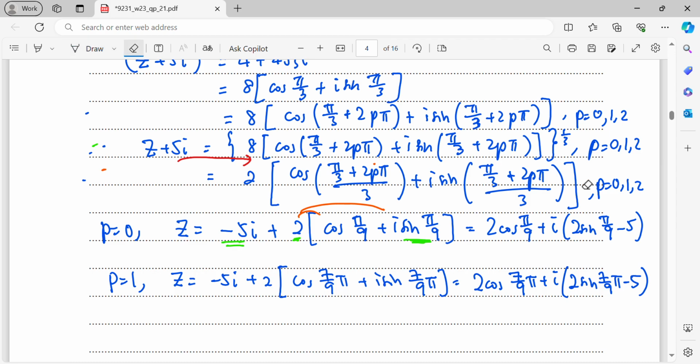Okay, now the same goes for the last p value, which is p equals 2. Your z is minus 5i plus 2 times cos. Okay, so you replace it here. So this p will be replaced by 2. You get 4 pi. Pi over 3 plus 4 pi, then divided by 3. That is 13 over 9 pi.